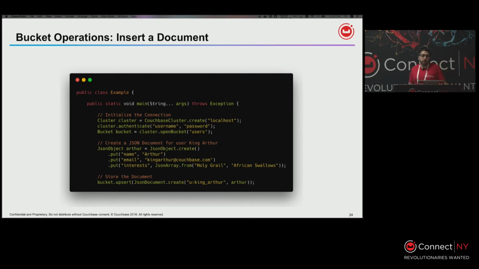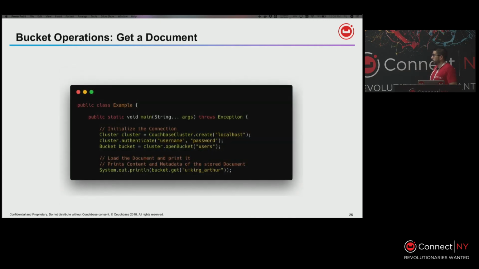I do a bucket.upsert, which is one of the methods available on the bucket object. You might be familiar with upserts from relational databases. It's pretty much the same thing. If the document already exists, then update it. If the document doesn't exist, then insert it. Rather than do an insert and have that fail and then do an update, you can just do an upsert in a single action.